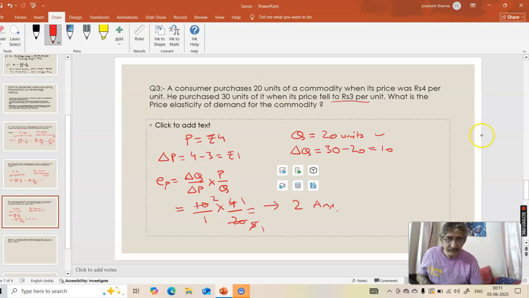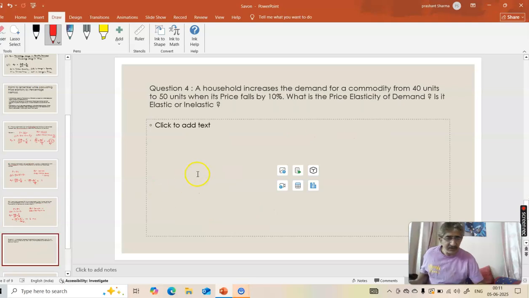I hope this is clear. Again, you can pause and solve it on your own, or take a screenshot but practice later. I'm proceeding with the next one.